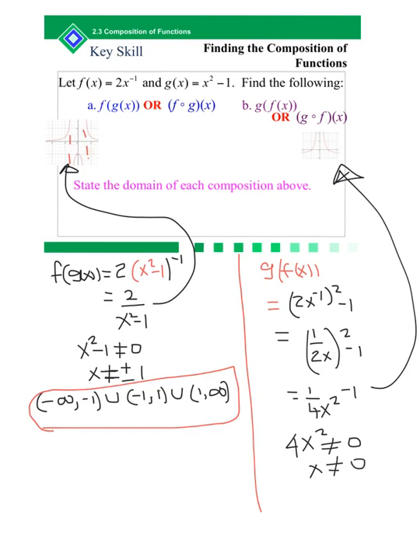So it's going to be every number, all from -infinity to 0, then union from 0 to infinity. So that's going to be the domain of that function. And you can see it from this graph. It can be any number except 0.